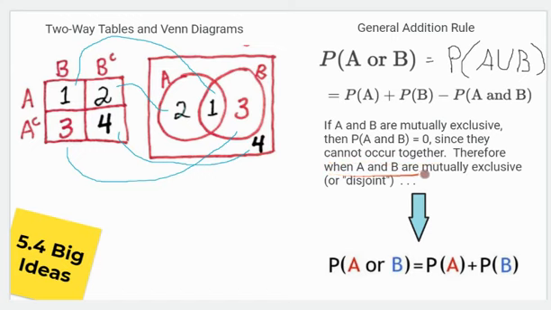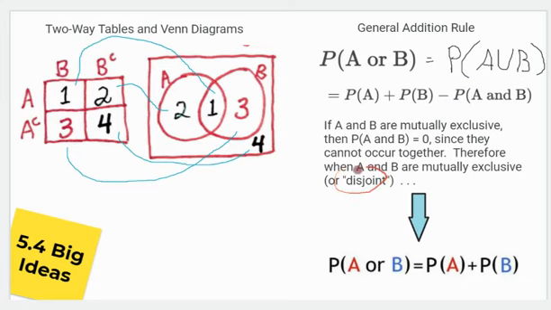Therefore, when A and B are mutually exclusive or disjoint, the probability of A or B is equal to the probability of A plus the probability of B. So if you're worried about getting these two mixed up, just forget about the one on the bottom and go with the one on the top. Because if you find that the probability of A and B is 0, you're going to be right back to this formula anyway.